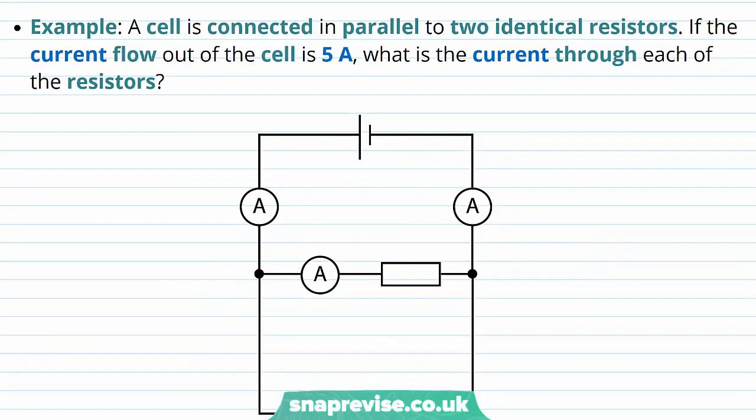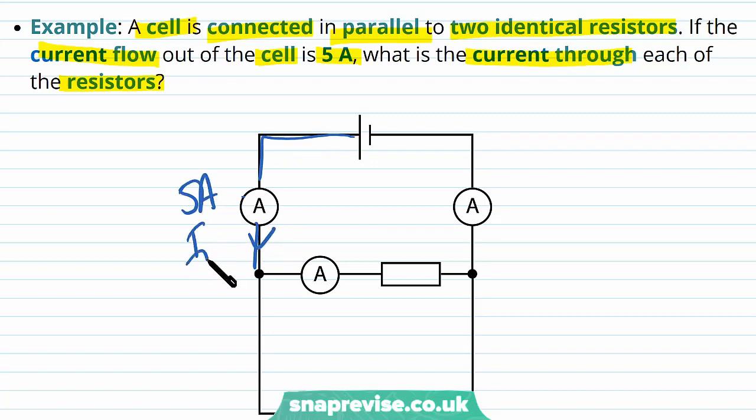So let's apply what we've learned about current in parallel circuits to an example. A cell is connected in parallel to two identical resistors. If the current flow out of the cell is 5 amps, what is the current through each of the resistors? So we've been told that the current flow out of the cell is equal to 5 amps. So the current measured at this point here is 5 amps.